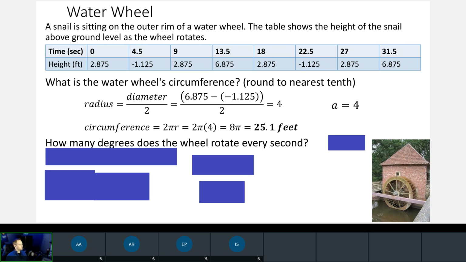All right, so next question says, how many degrees does the wheel rotate every second? Ideas on how to approach this. Think about the table of data, what's going on in the problem.